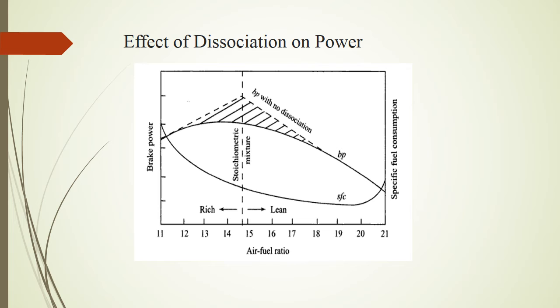As the air-fuel ratio decreases, the maximum temperature rises and the dissociation commences. The maximum dissociation occurs at correct mixture strength. As the mixture becomes rich, the dissociation effect commences to decline due to increased quantity of carbon monoxide.